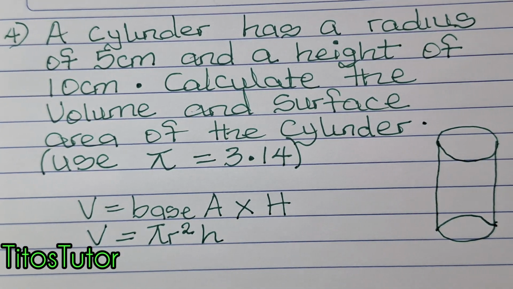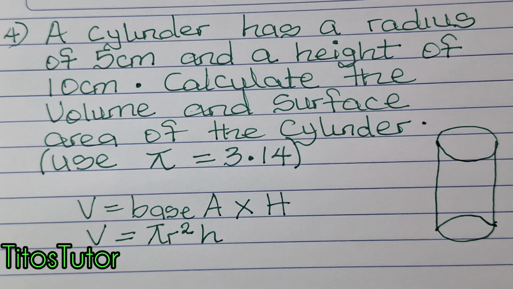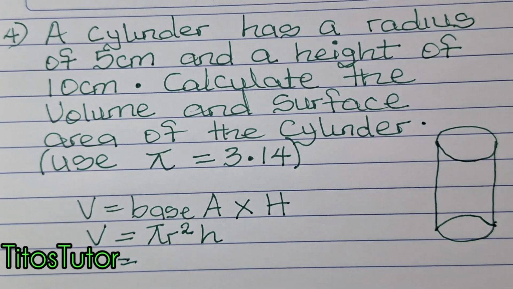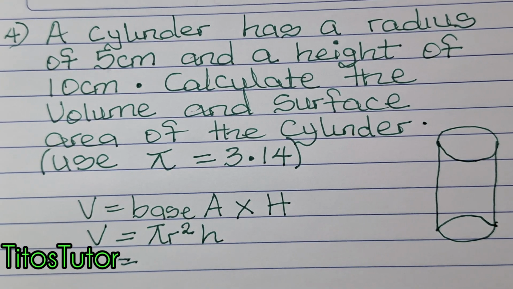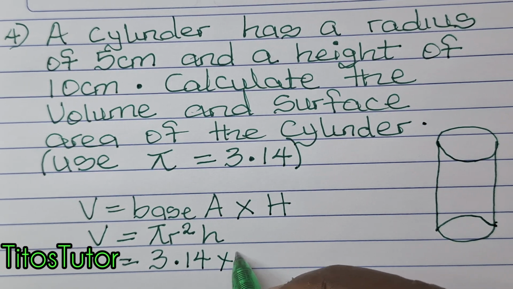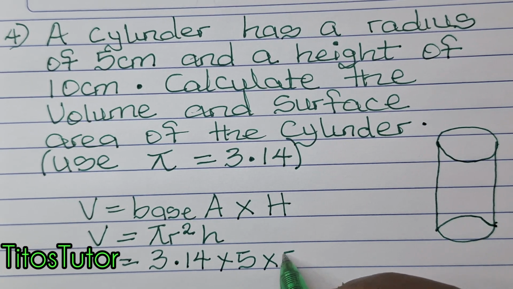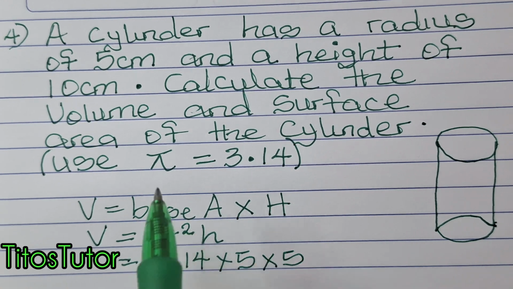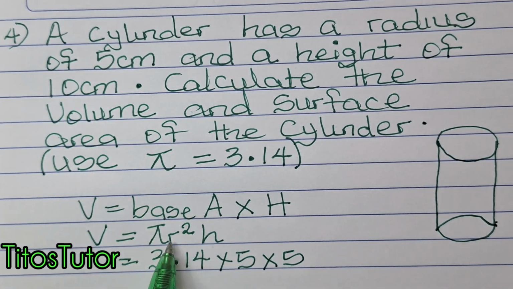Remember, in the question the radius is 5 and it asked me to take my pi as 3.14, multiplied by 5 multiplied by another 5, because it is radius square. Radius is 5 and you need to put it twice. Multiply it 5 times 5. That's what r square means.